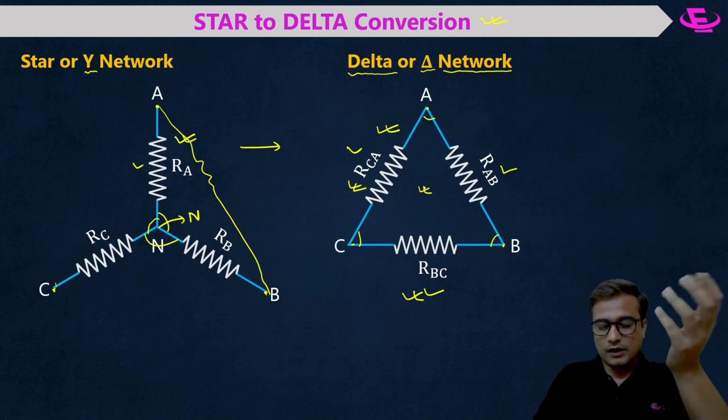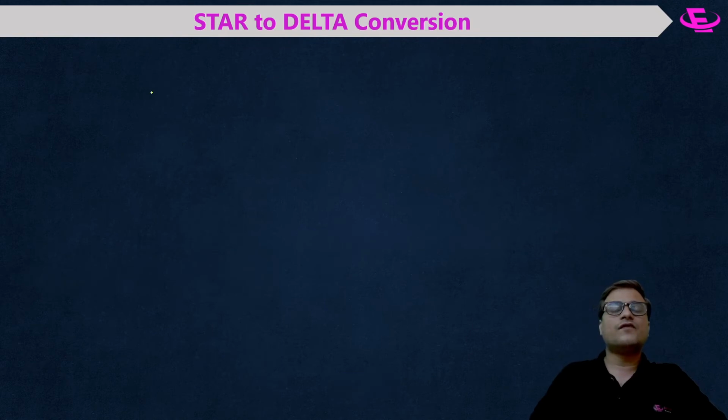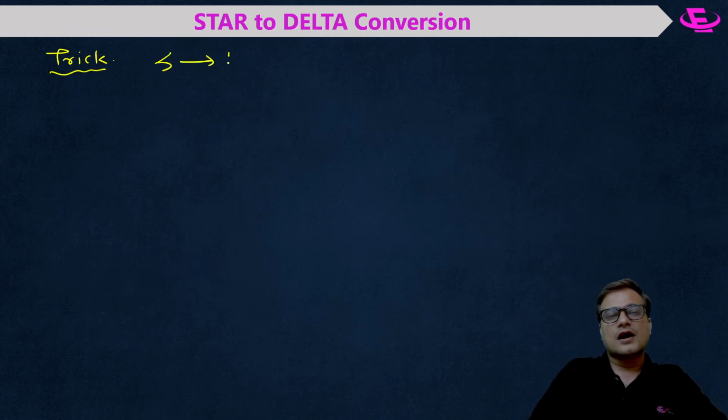For calculating this value, I am giving you a very beautiful trick. What is the trick? Let us see. Star to delta. Just note this trick. Star to delta, S to D. Now can you write D like P?